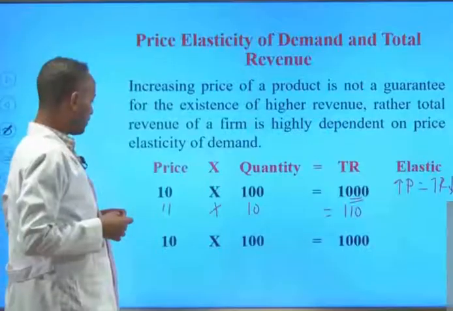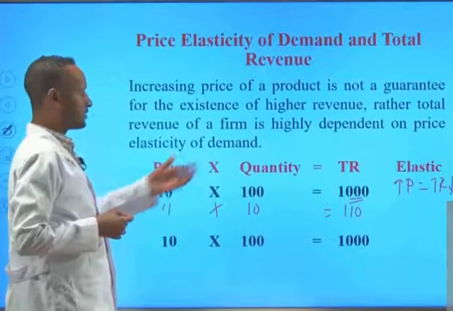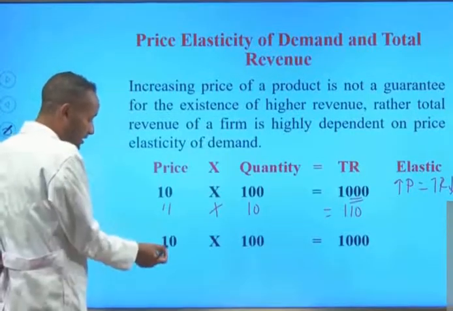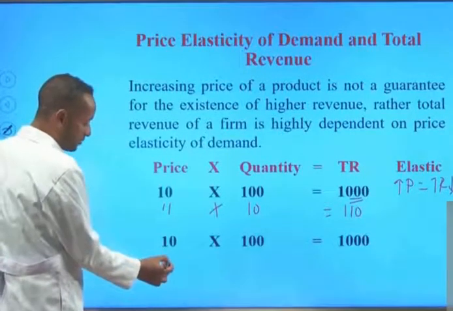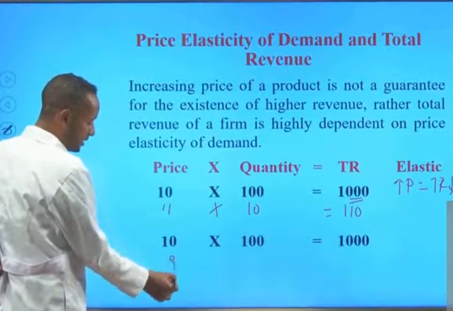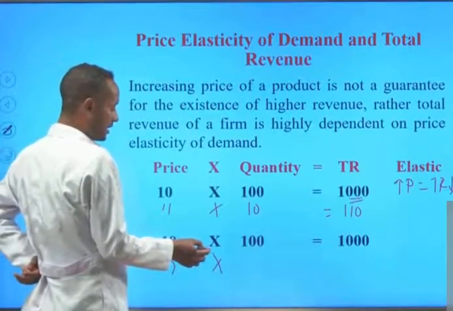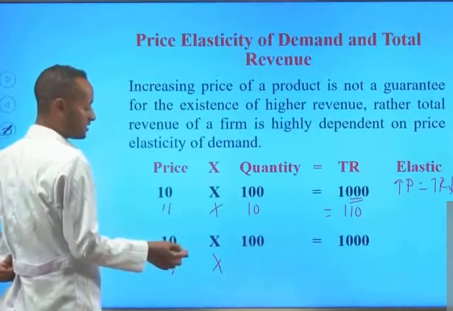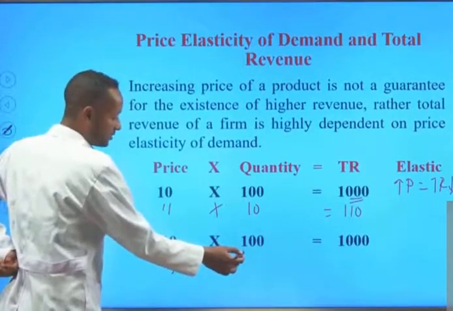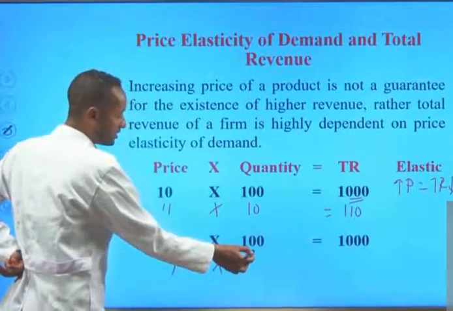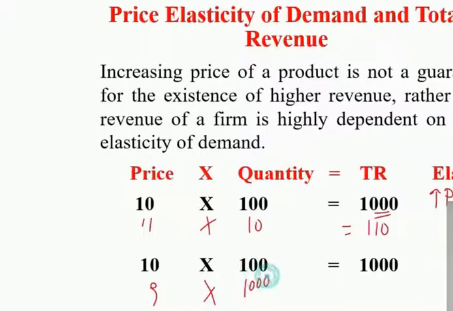Now let me show you when there is a fall in price if the buyer is elastic. If the buyer is elastic, a little decrement in price, from 10 to 9, results in the quantity demanded increasing by a higher percentage. Let's take it that the quantity increased 10 times and reached 1000.